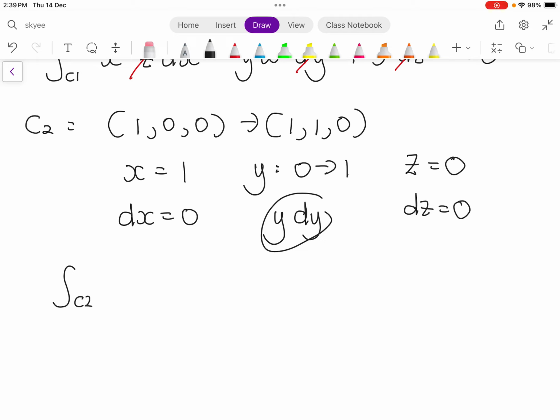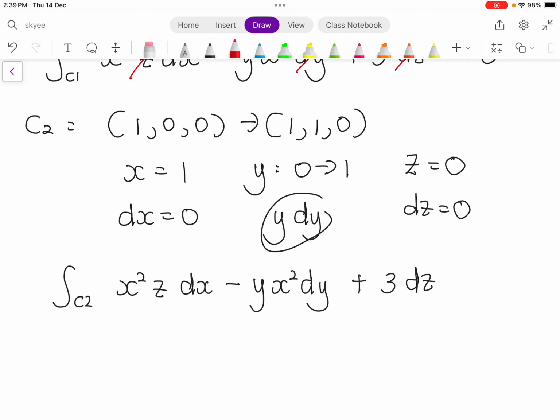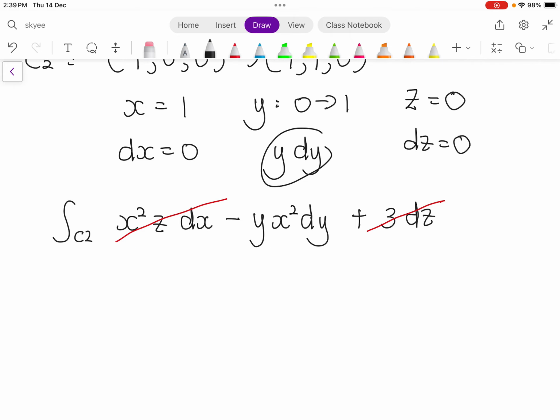So we replace it, and we cancel what is 0. Dx is also 0, but the second term is not 0. So now we can calculate the second term.